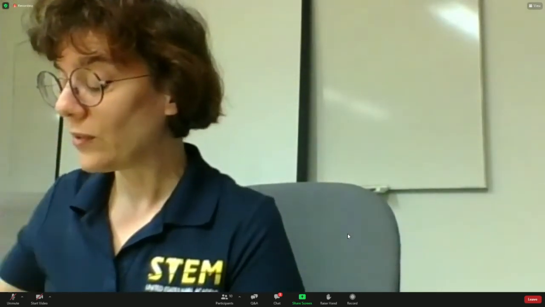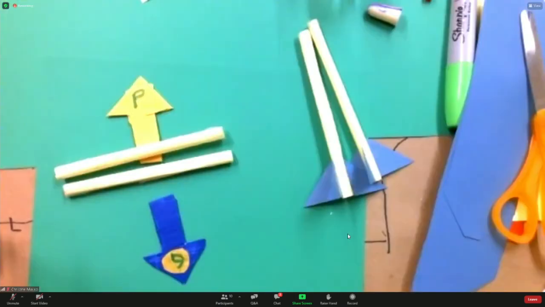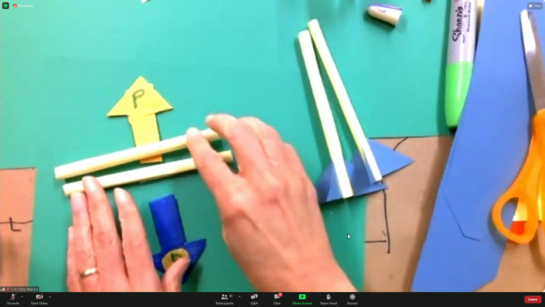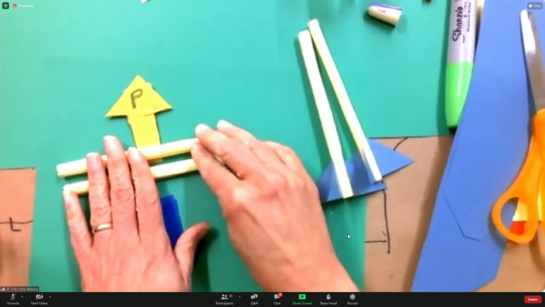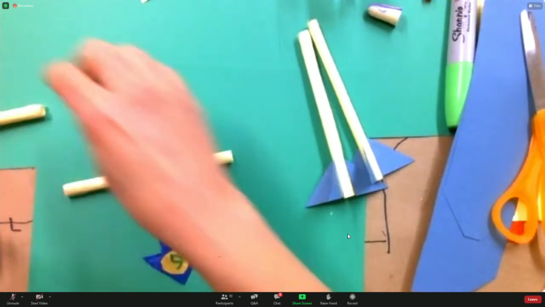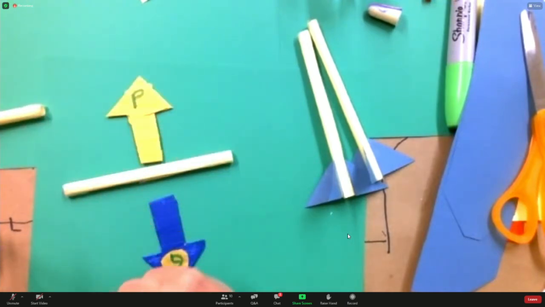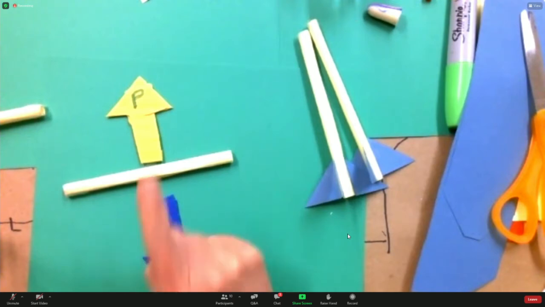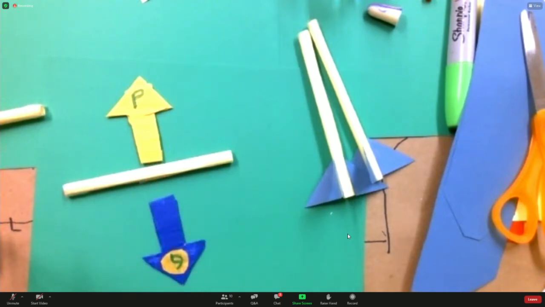And the shadow of rocket number 1 and rocket number 2 are exactly the same. So the center of pressure is in the exact same place. Now the center of gravity for this one we have to test, because this was the one we weighted in the front.